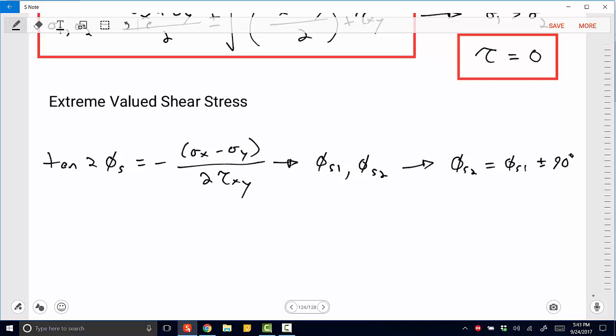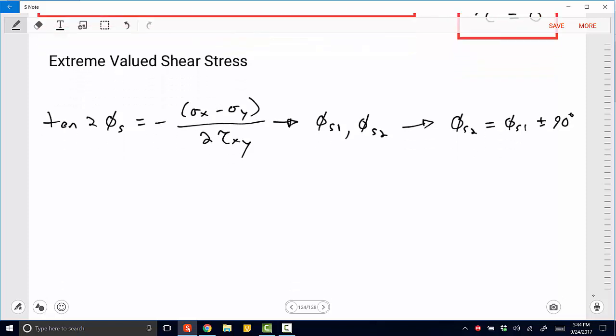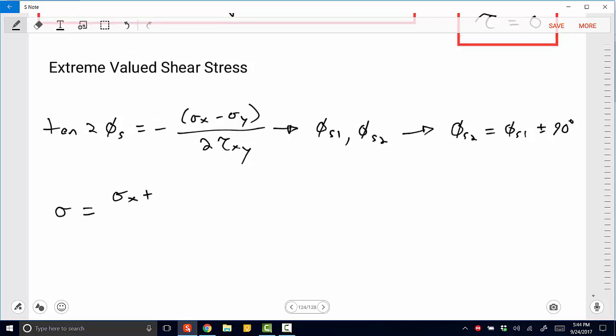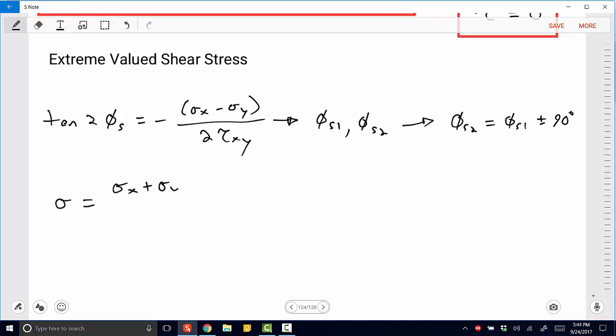When we plug these angles back into our normal and shear stress equations for an element that's been cut at an arbitrary angle, we'll find the following. We'll find that normal stress exists and is equal to an average stress, sigma x plus sigma y divided by 2.